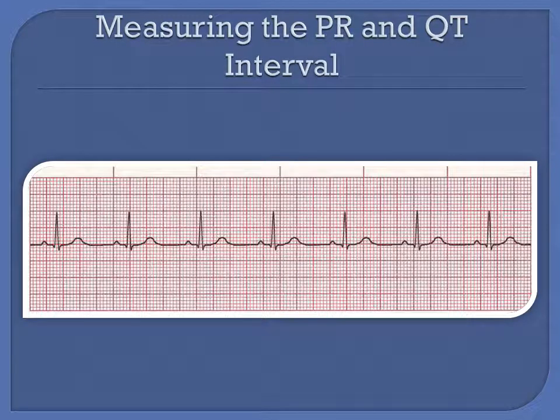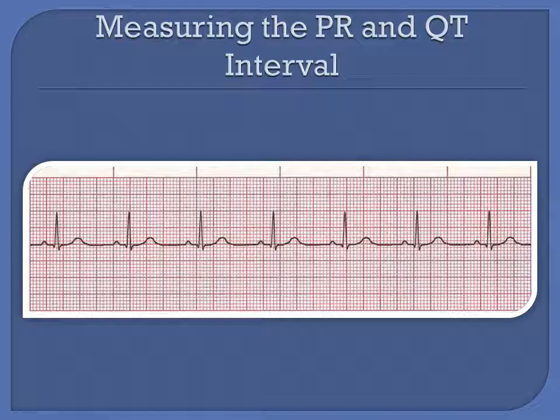The PR interval measures the time it takes for the electrical impulse to travel from the SA node through the internodal pathway to the AV node and downward to the ventricles. The PR interval starts at the first sign of the P wave, which means from atrial depolarization, and it ends at the beginning of the QRS complex, which means the beginning of ventricular depolarization.